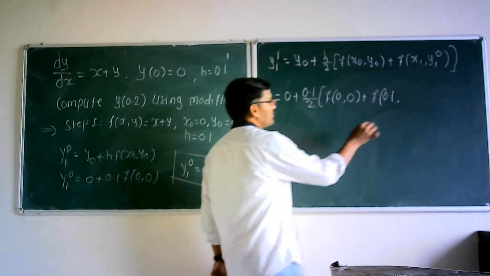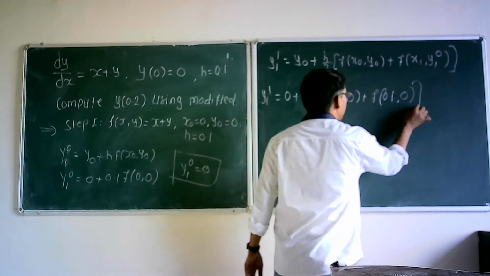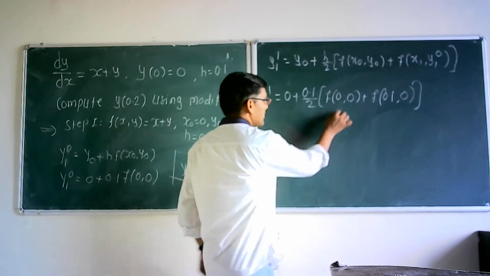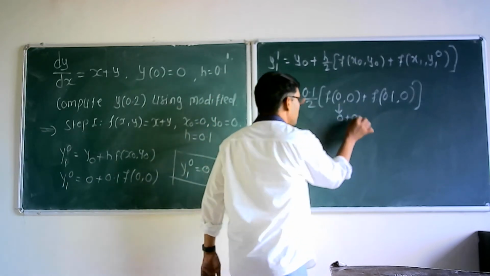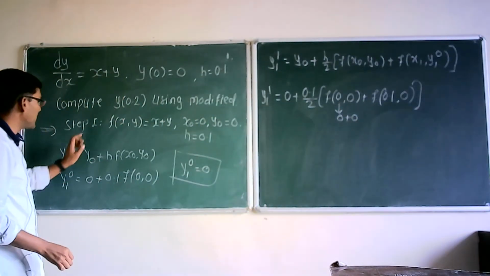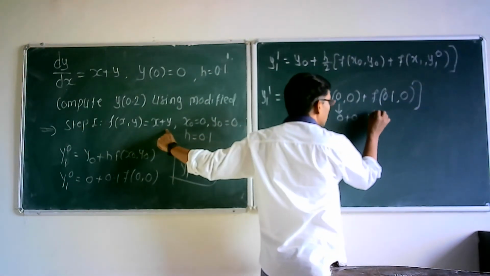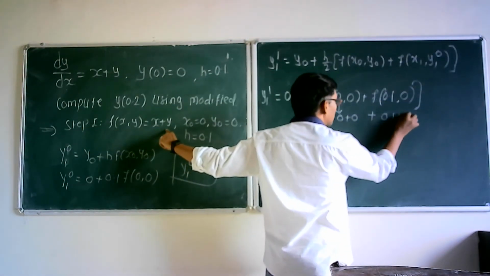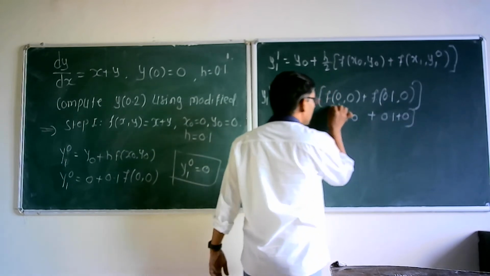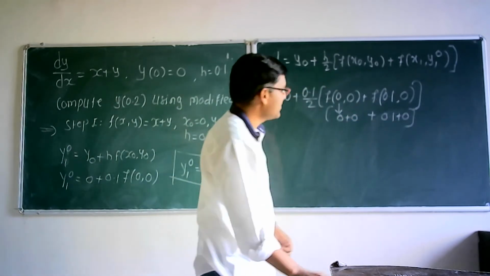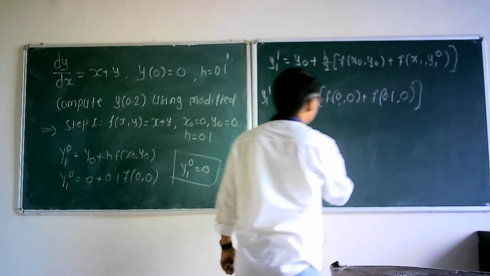Simplifying, since our function f of x, y is x plus y, this is 0 plus 0 here, plus 0.1 plus 0. So the value of the bracket is equal to 0.1.